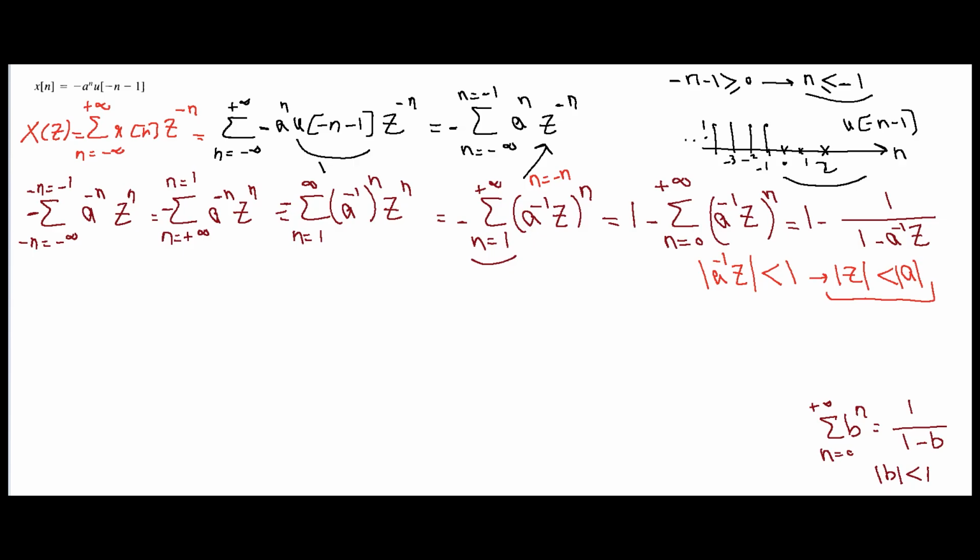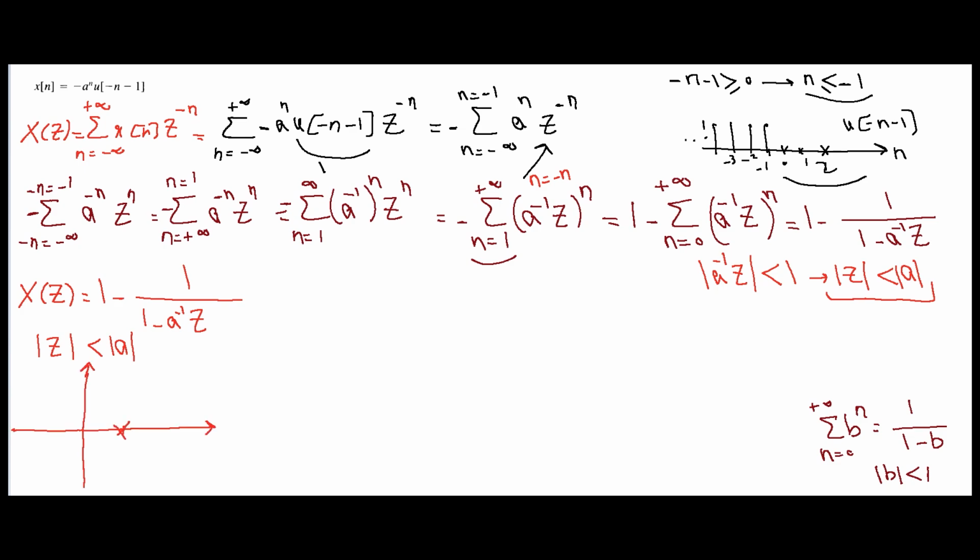This condition is called the region of convergence, or simply ROC. If this condition is not satisfied, the infinite series doesn't converge and the Z transform doesn't exist. Now let's illustrate the ROC on the Z plane.